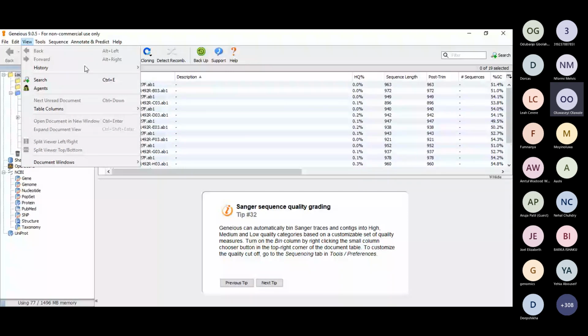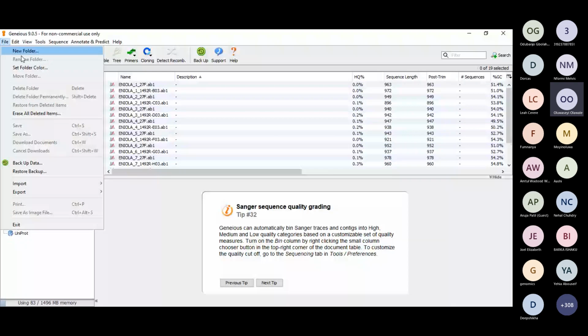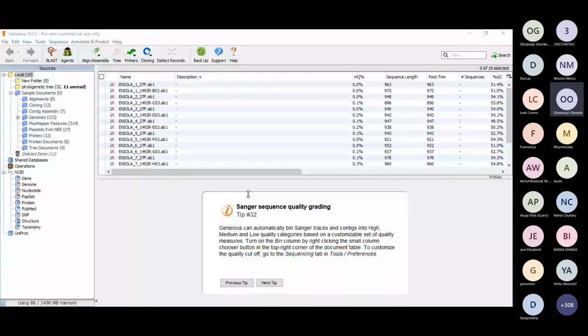So let's proceed. The first thing I'm going to show you is how to import data from the computer. To do that, click on local and create a new folder. This folder that you created, you can give any name you want.